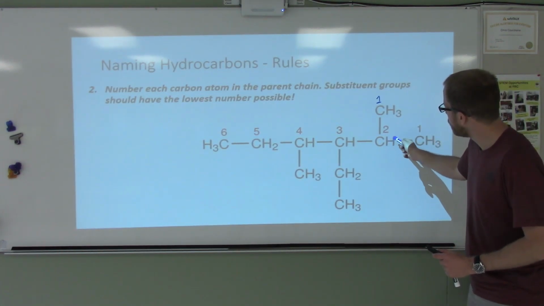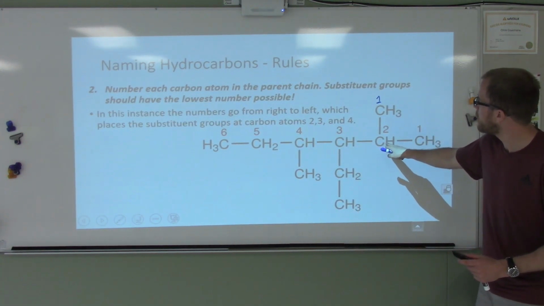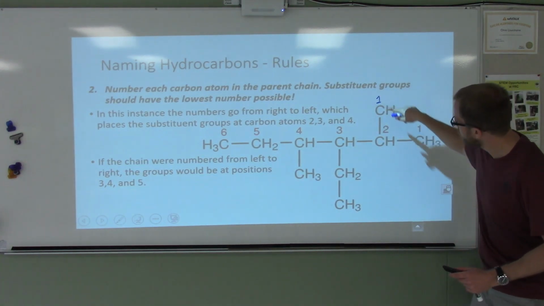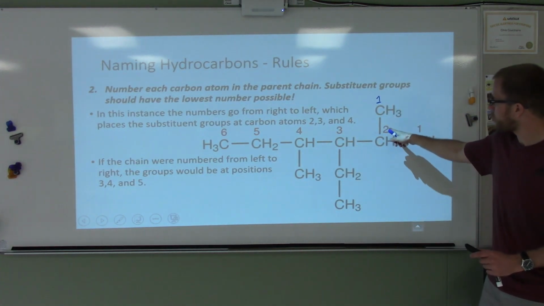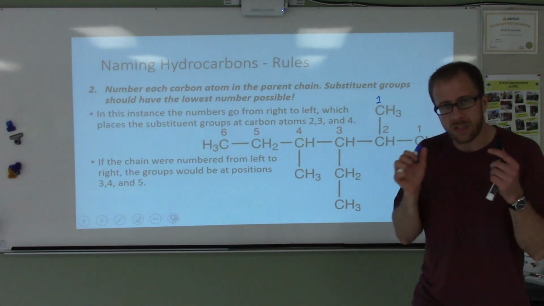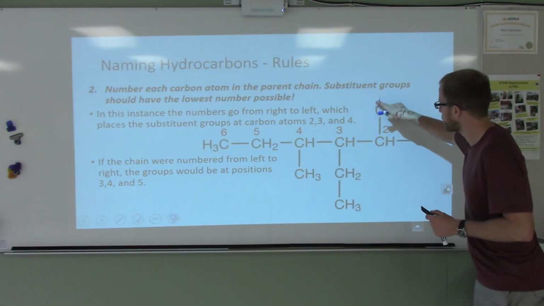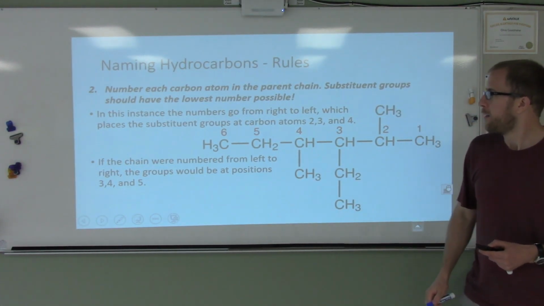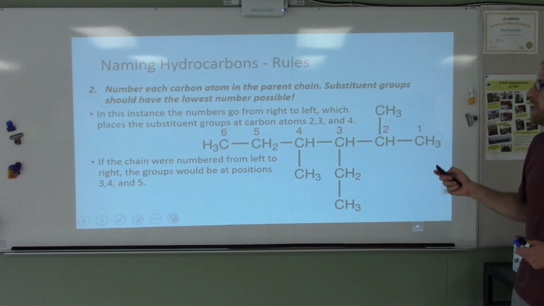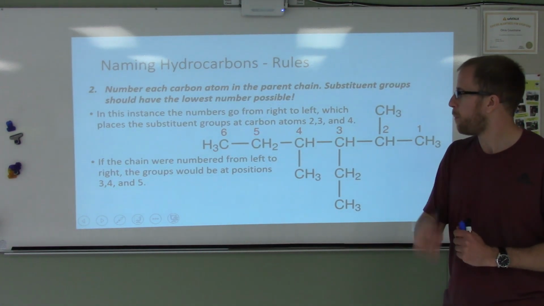If we labeled it from either end, on carbon 2 there would still be a methyl group. So it doesn't change your answer either way. So you want to number each atom in the parent chain such that your substituent groups have the lowest numbers possible.